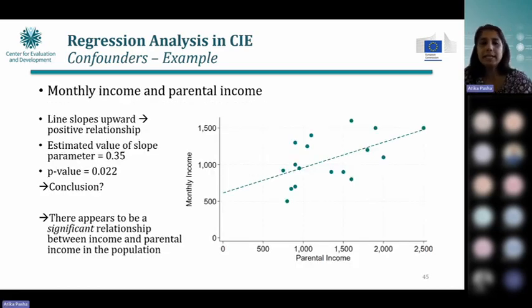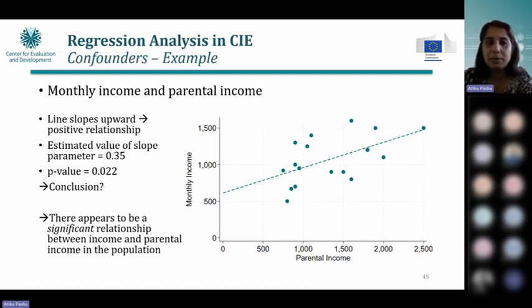The first case, as I show you, is now trying to fit a line between parental income, which is your x-axis, and your monthly income. So what we've done is replace education here with parental income. And again, what you see, now the points are a lot more spread out, but parental income is again positively related with monthly income.